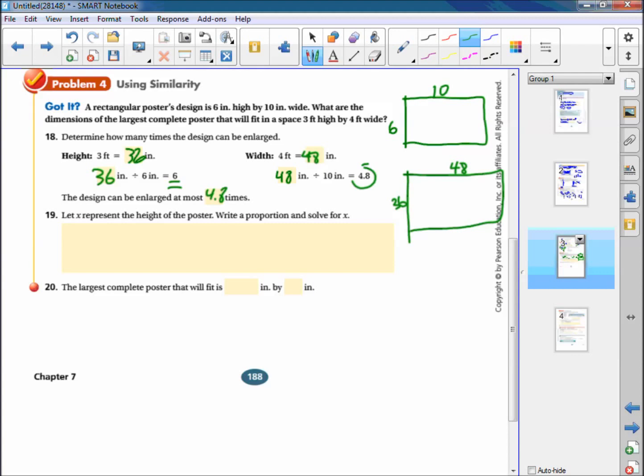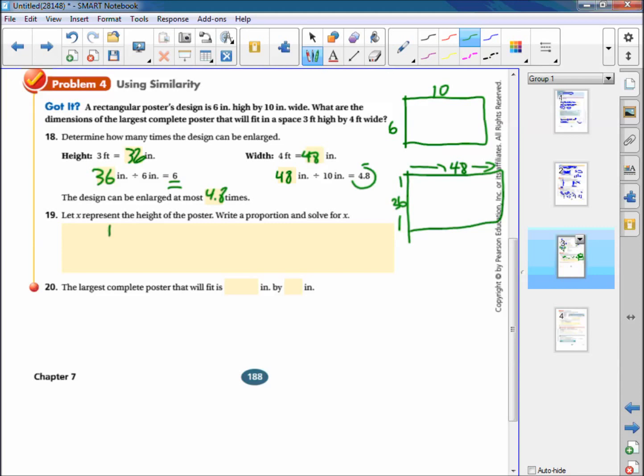Now it can't be the 6 bigger, because if we make it the 6 big, then this way would be 60 for this length, and that would be too big. So if we make the 10 become 48, then the 6 will be 6 times 4.8, which is smaller than 36. So it'll still fit in the up and down part. Okay. All right, so let x equal the height of the poster, write a proportion, and solve for the height here.